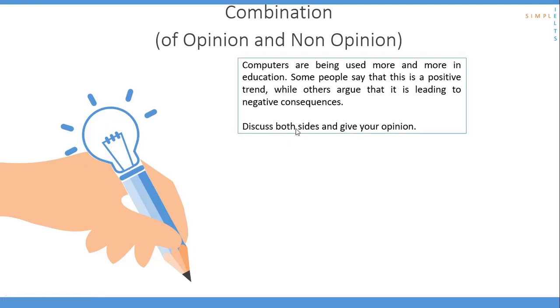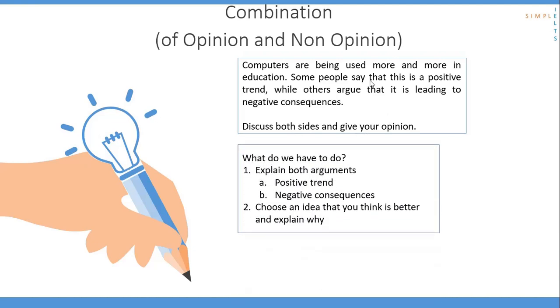Discuss both sides is the non-opinion, and give your opinion is the opinion type. So how to deal with this is that first explain both arguments and choose an idea that you think is better and explain why.